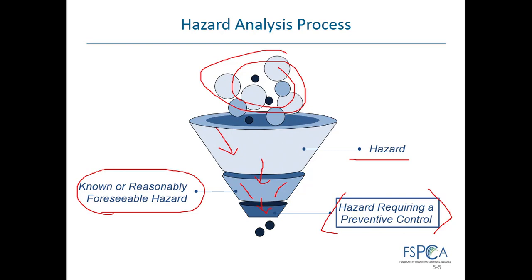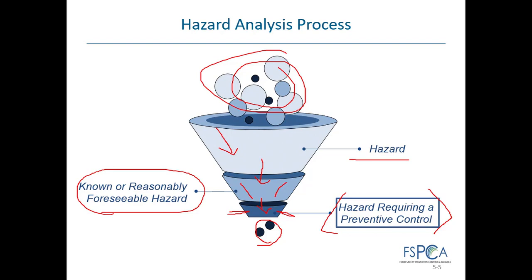And in this third bucket, I ask myself, what is the severity and what is the probability? If the severity is medium to high and the probability is medium to high, that's how I know that I've identified particularly high risk situations, and I know that I need to have preventive controls established.